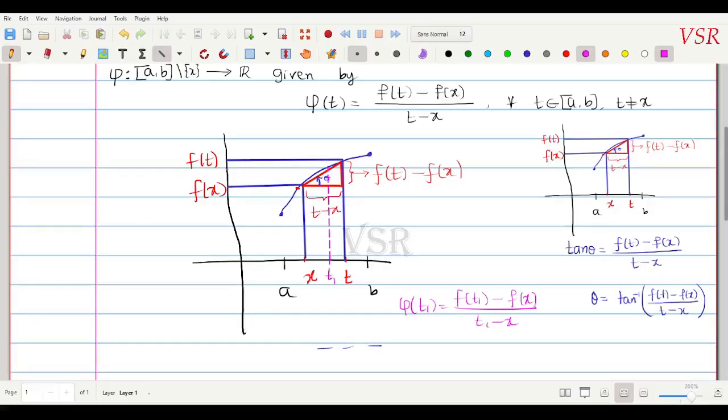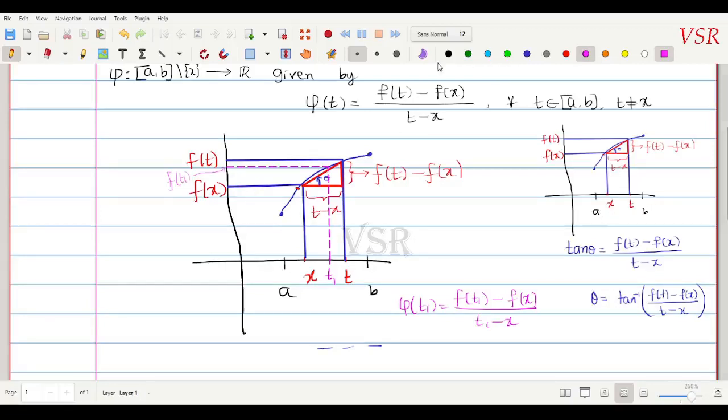From there, this point is f at t1. This is f at t1. This point, and f of x is the same.